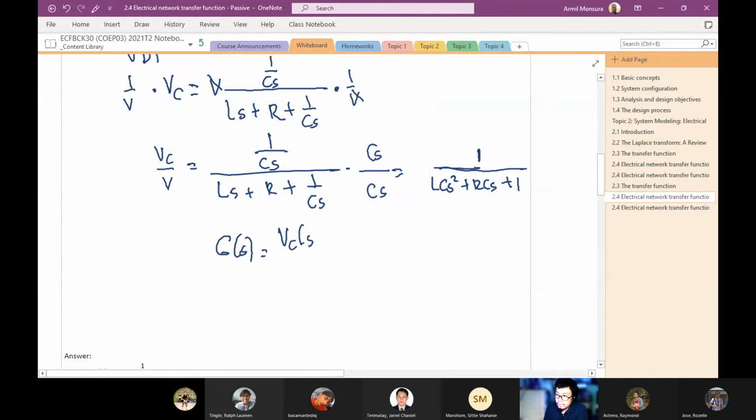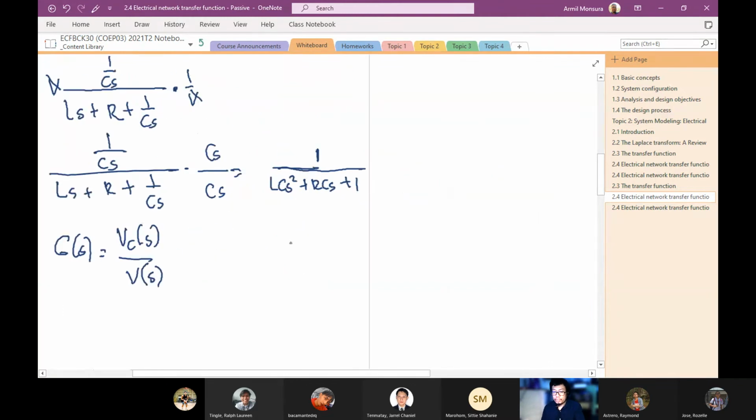Which is VC of S over V of S. The ultimate objective in expressing the system's transfer function is that yung leading coefficient ng denominator nyo should be 1. Pag sinabi yung leading coefficient ng denominator, yung coefficient ng pinakamataas na degree dun sa polynomial ng denominator.